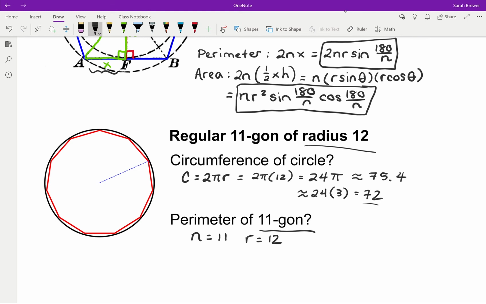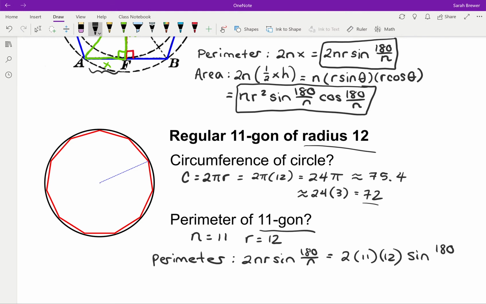So then our perimeter, using our formula, is, remember, 2nr sine of 180 over n, right? So we're looking at 2 times 11 times 12 times the sine of 180 over 11. And notice we're using degrees here for our angle, not radians.